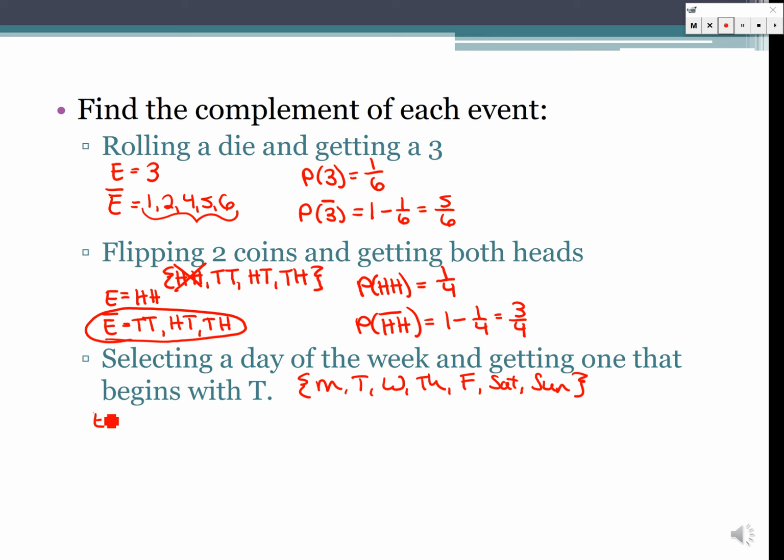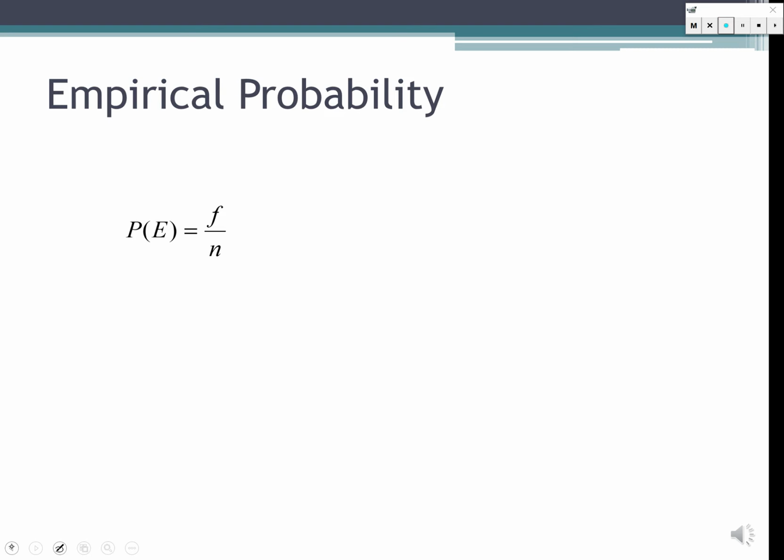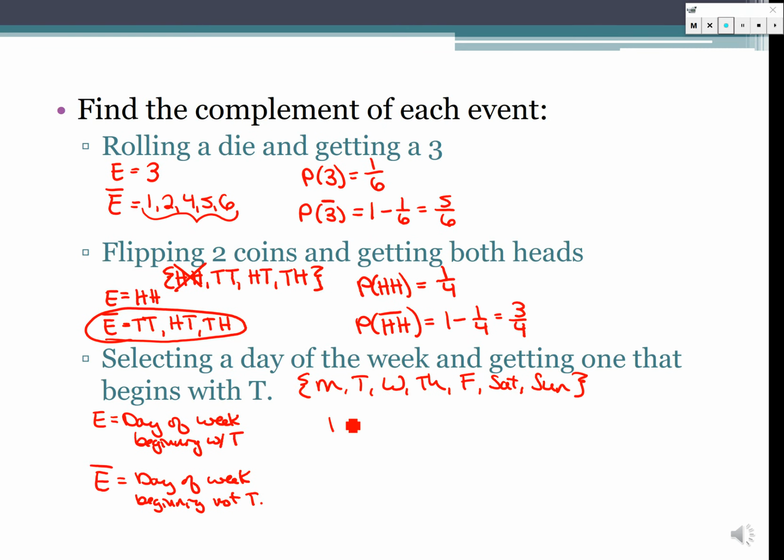So our event is day of the week, beginning with T, complement, day of the week, beginning not T. All right, so the probability we get a T would be 2 out of our 7.